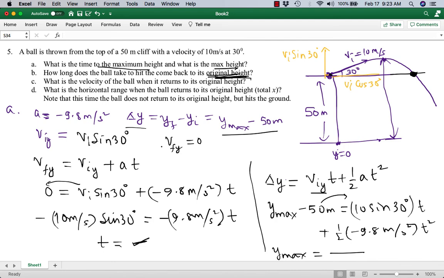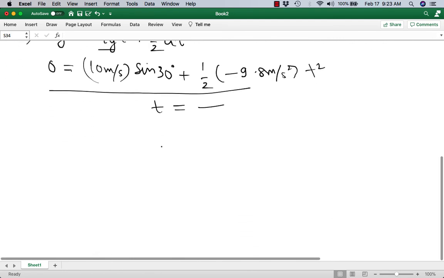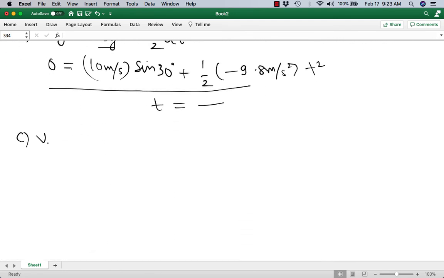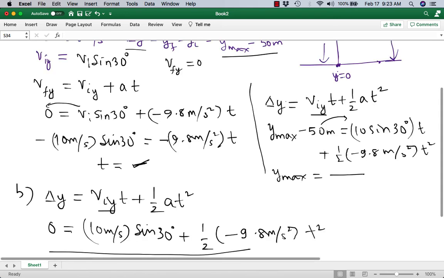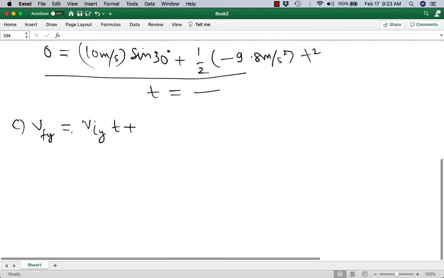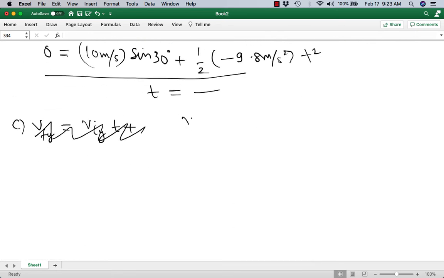What is the velocity of the ball when it returns to its original height? Okay, so to find the velocity, v final y is v initial y times t plus 1/2... sorry, that's not the formula I want to use. Cross that out. So v final y is v initial y plus a t. Okay, that's the formula I want to use.